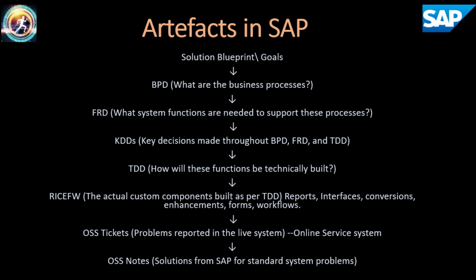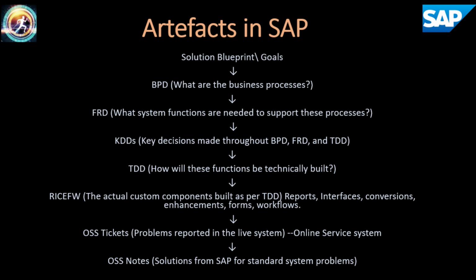Then we have the KDD, which is the key design decision. To achieve a functionality, they come up with the process, then they need to understand if we implement this process, will there be any impact on some of the existing business processes.